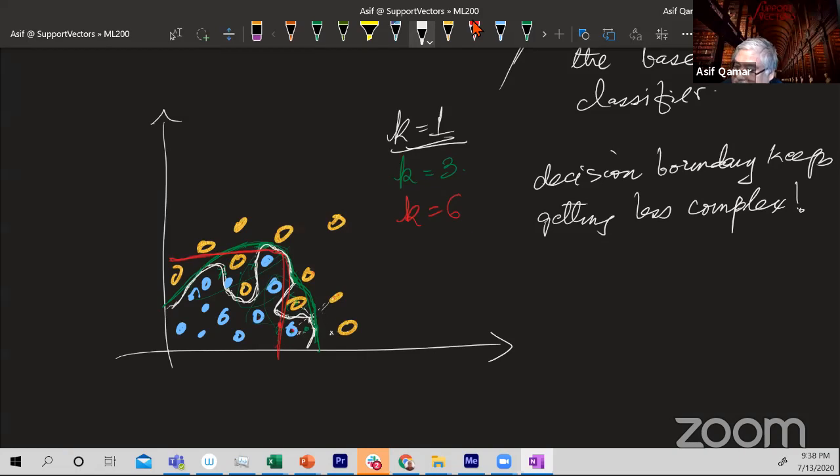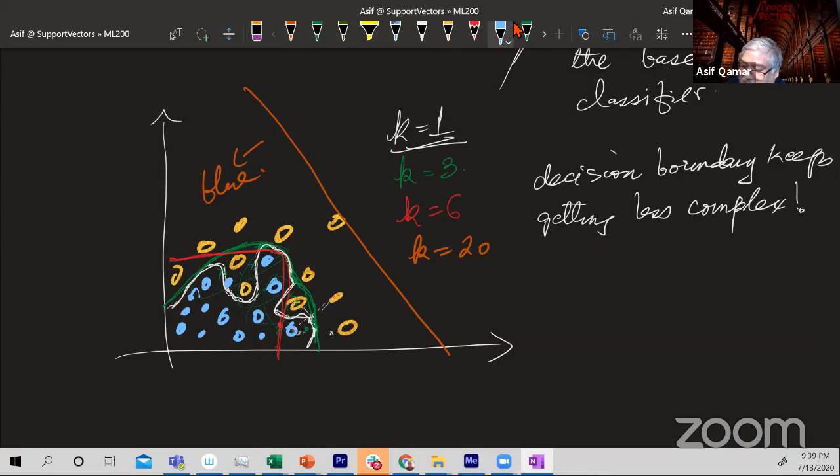In the asymptotic limit of k is equal to the maximum number of points, let's say 20, what would be the answer? Majority. Which points are more? I clearly see blue points are more. So what will be the decision boundary? It will say that all points are blue because I have more blue points.